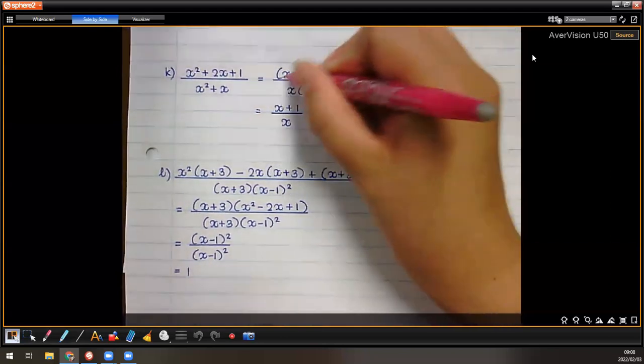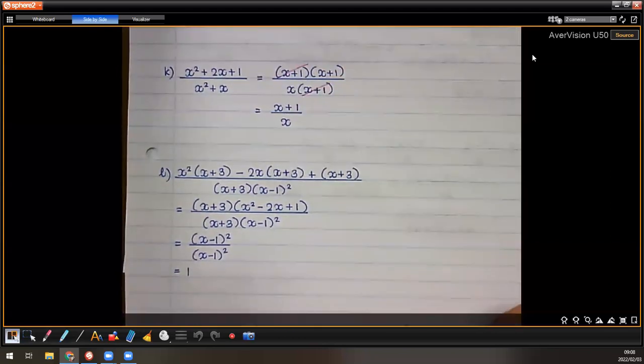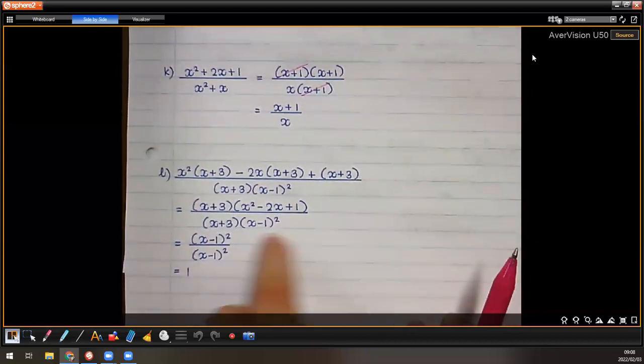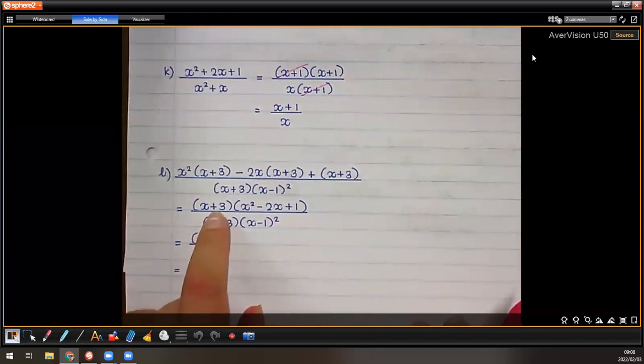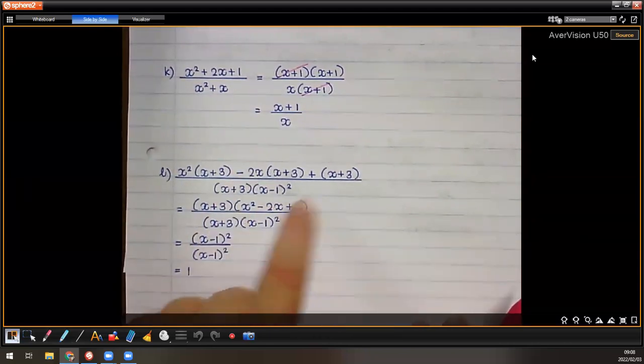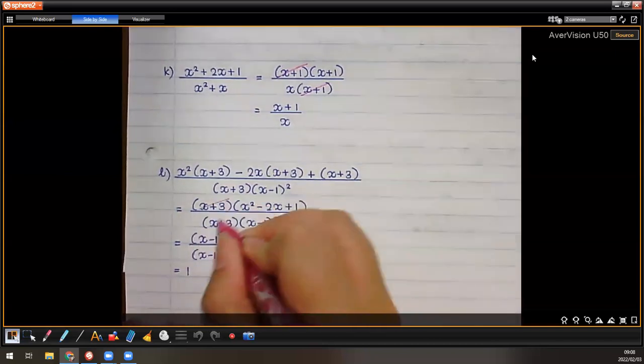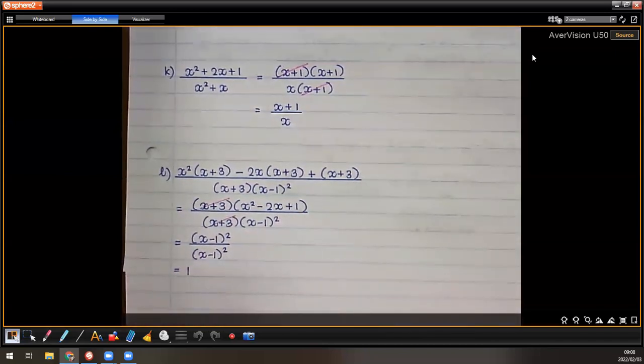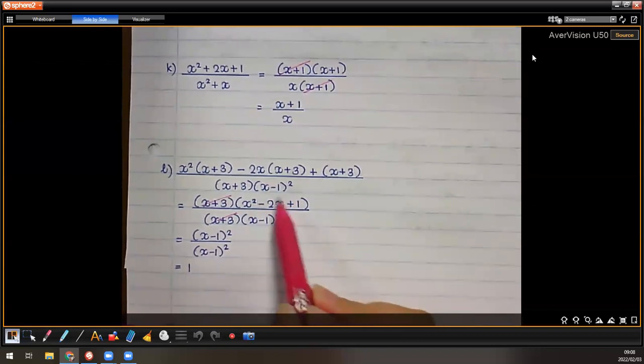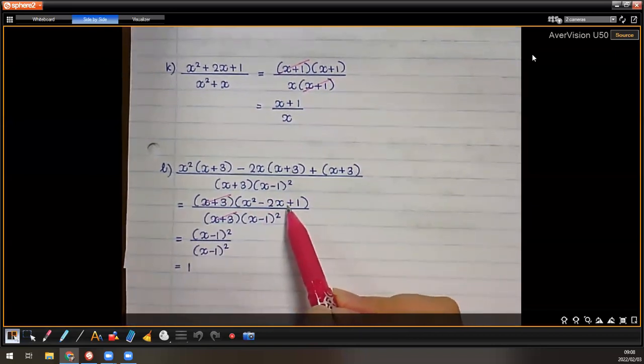So here, the x plus 1 and x plus 1. In this first line, you're taking out x plus 3 as a common bracket, right? Left with x squared minus 2x plus 1. Then after that, you can actually cancel out the x plus 3. So you are left with this trinomial, which I'm hoping you guys were able to factorize, right?